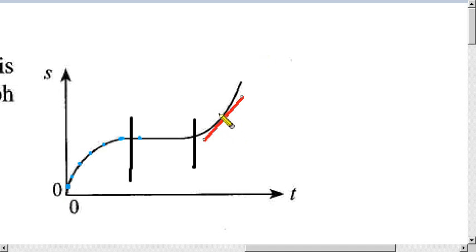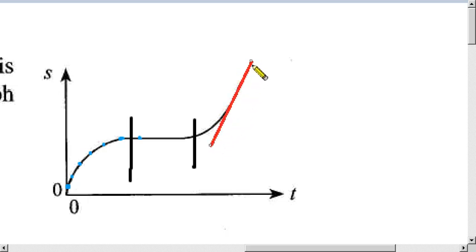At this point the gradient has been increased. Before that point, at some point at this place, you see the gradient is like this, and when you go to a point above this, the gradient has been increased, the angle has been increased. When you go further along this line, the gradient, the angle increases.